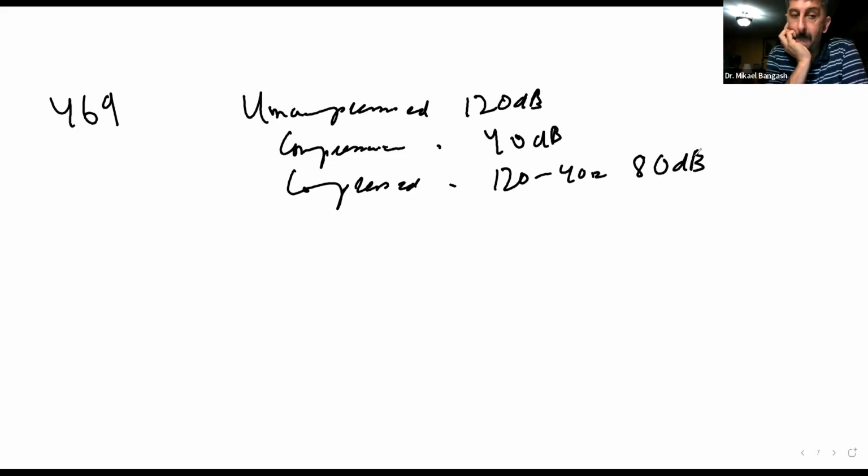Is that clear? Did you guys get that? Whereas if they had given us this value here and this value here and asked that you calculate this, we will add these two.